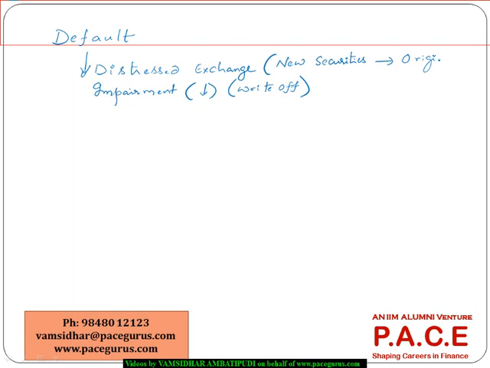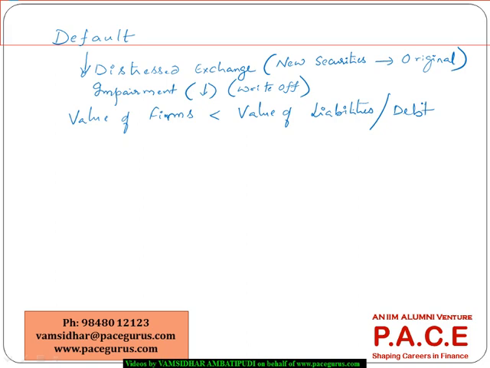All these are typically getting into default. In short, if I want to understand default, it is nothing but the value of the assets of the firm being less than the value of the debt, the value of the liabilities. If the firm value is less than the value of the liabilities, that is where we are talking about default.